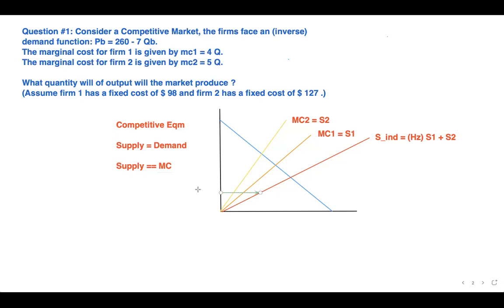So I would put 4Q equals the demand curve for MC1 and get that price, and do that at MC2 and add the two up? No, not at all, because they don't each charge their own price in the market. There's a market price, which is where market supply and market demand intersect.